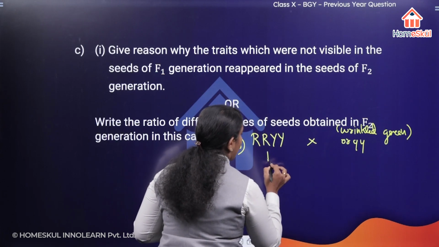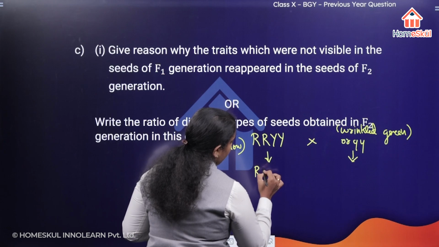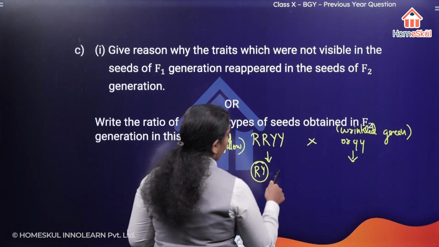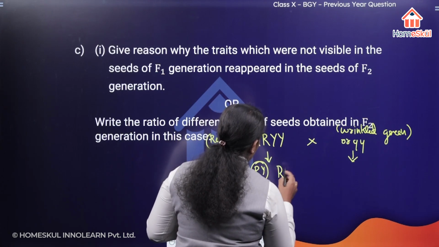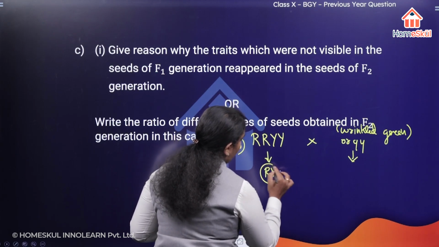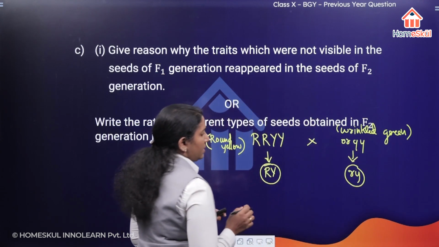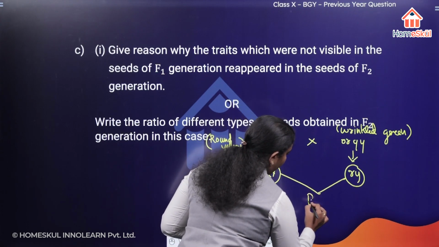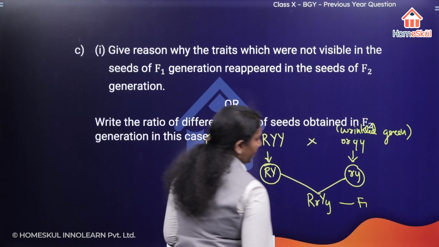Right, so we'll get gametes like capital R, capital Y from one parent, and small r, small y from the other. These are homozygous conditions, right? Then we'll cross these gametes and we'll get capital R small r, capital Y small y. This is the F1 generation.